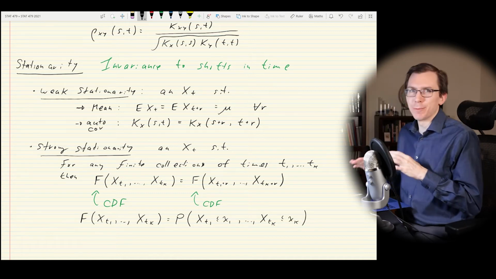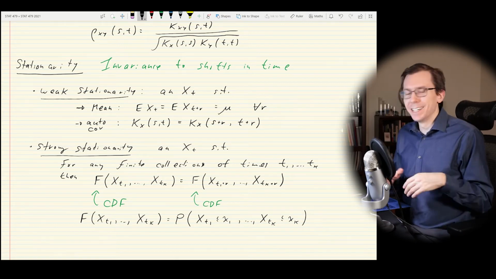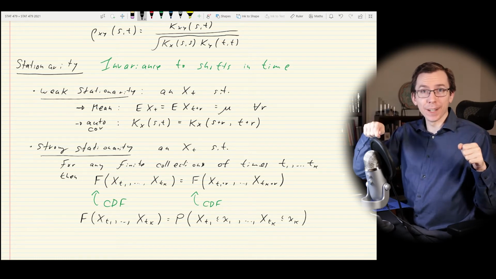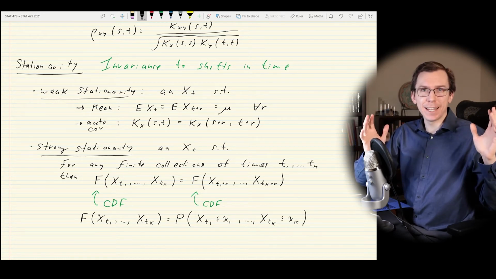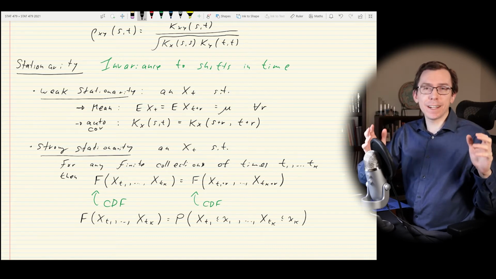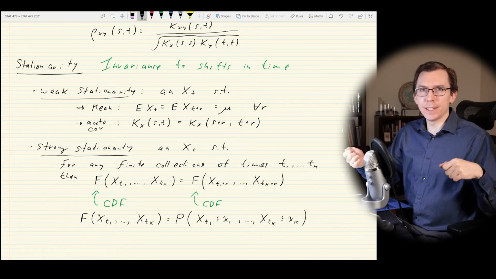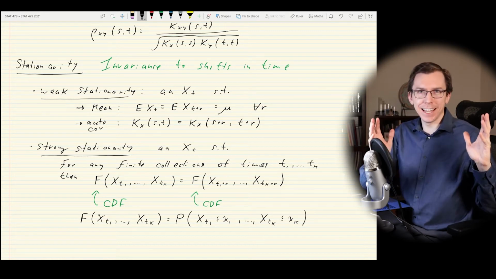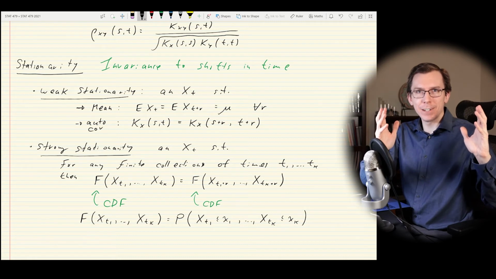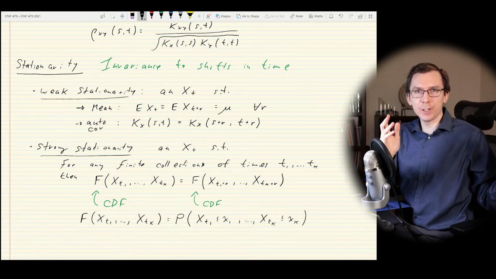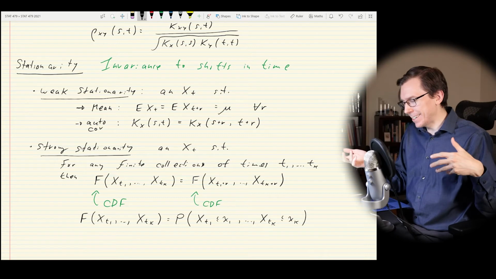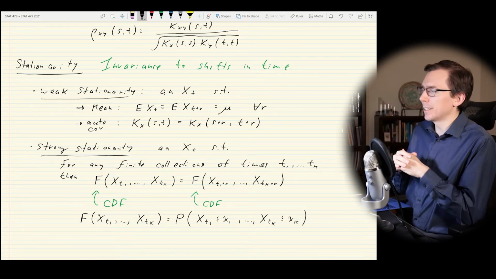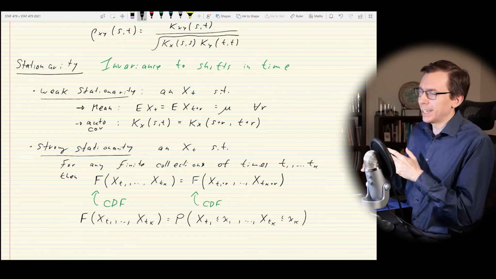The definition is a little bit imprecise, but the idea is that if we have a finite collection of time points, we now have a multivariate random vector, and that vector will have a corresponding joint distribution function. What we can ask is, if we shift that vector in time, does the distribution function change? If it doesn't change, then we have a strongly stationary process.